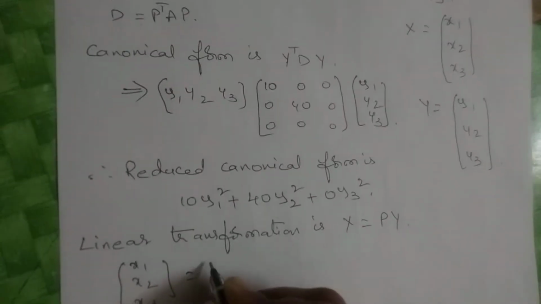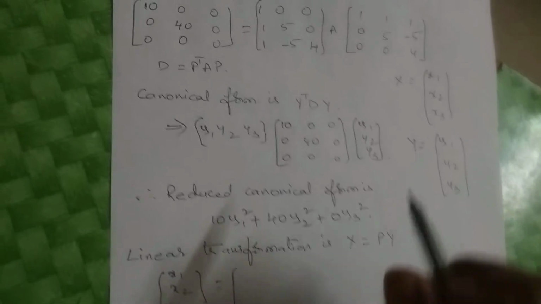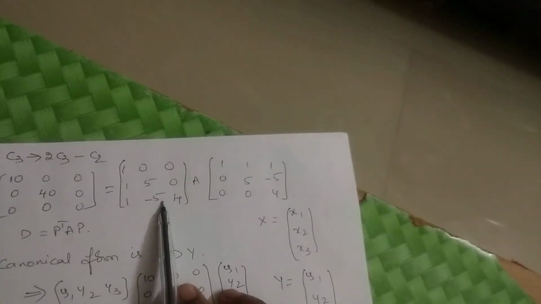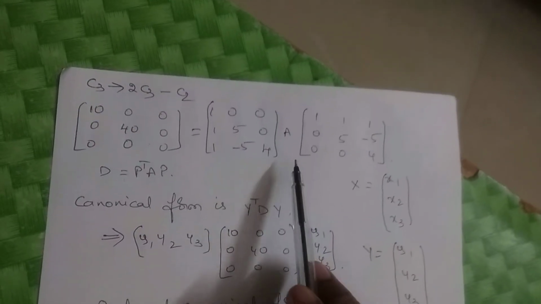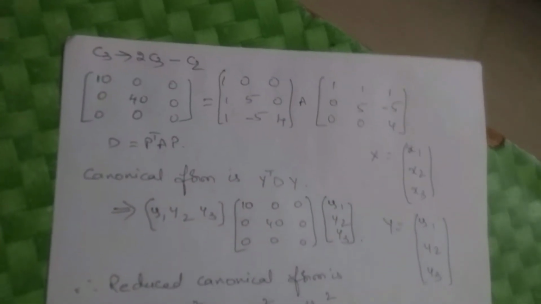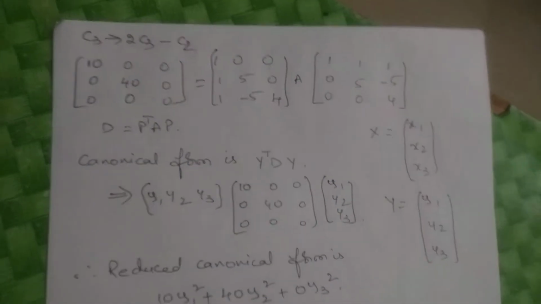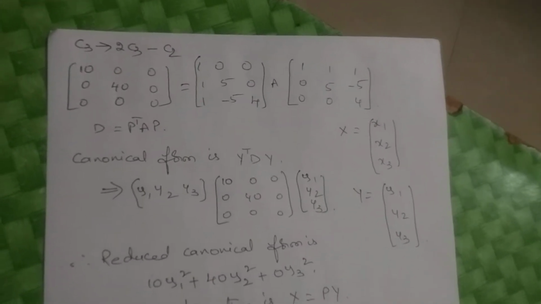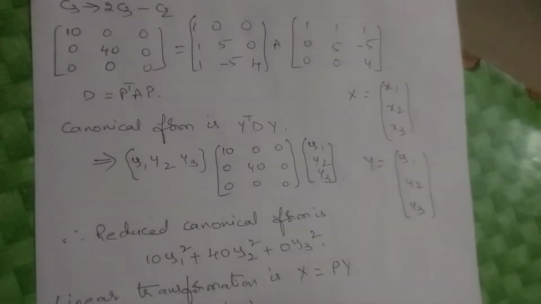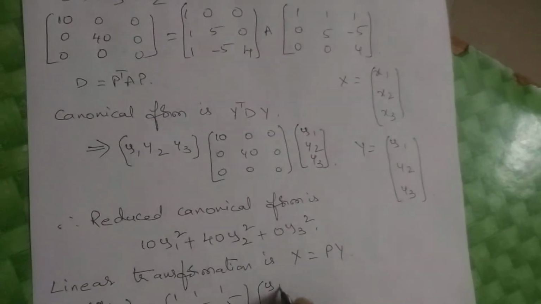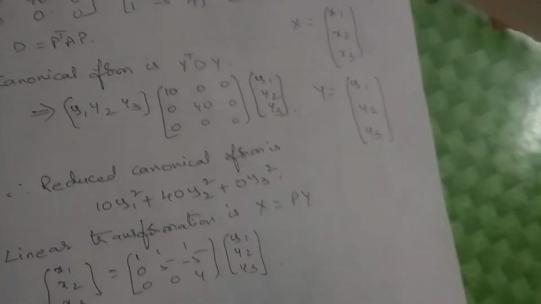This is equal to P, where P is what we got here, because these two are transposes of each other and we denote it as P transpose into A into P. Now what is P? 1, 1, 1, 0, 5, minus 5, 0, 0, 4. And this is Y, equal to Y1, Y2 and Y3.